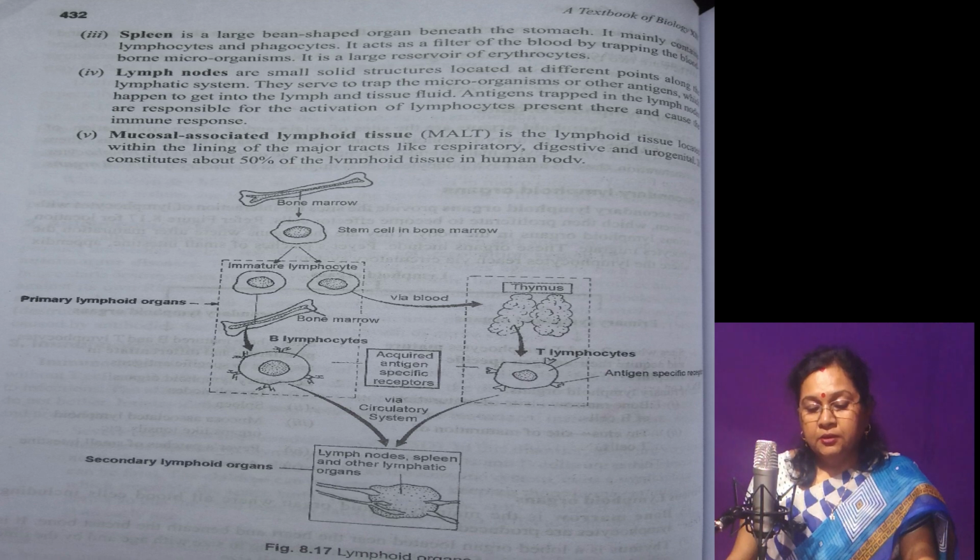It has a large reservoir of RBC cells. Lymph nodes are small solid structures present at different points of the body, and the lymph nodes along with the lymph glands join the lymph vessels to form the lymphatic system of our body.